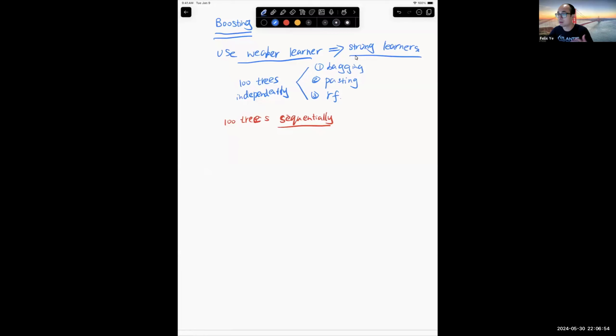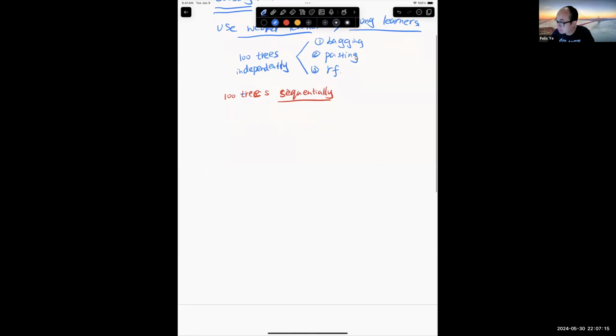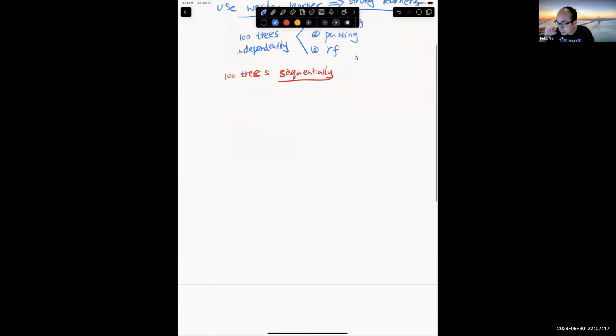So you might create another tree on those portions where they make the most mistakes. If we create trees sequentially, we can ensure we focus our method on those weak spots. This is called an additive model.